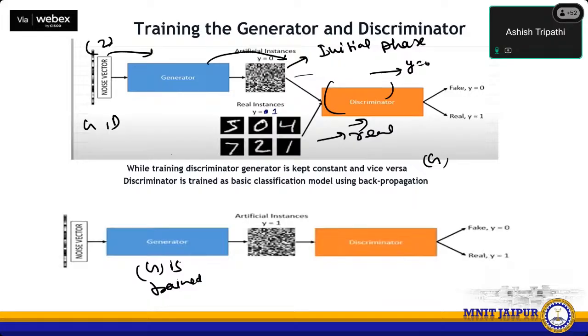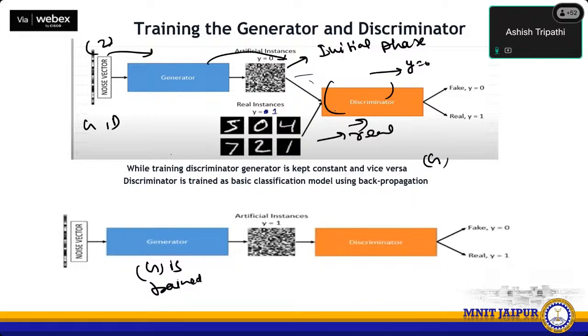Because if you keep training both, we don't want a discriminator that can never fail, since then it will be very difficult for the generator to improve itself over time. So we train the generator and discriminator in a step-by-step fashion. We train the generator, then the discriminator will discriminate between the real and the fake one.